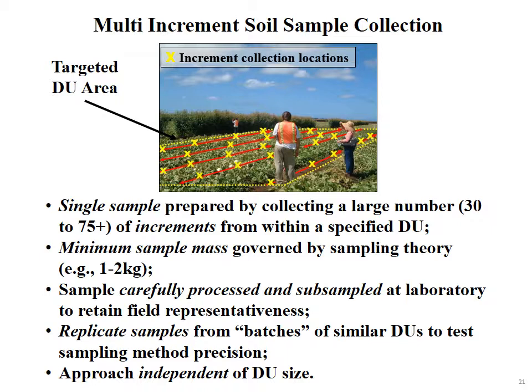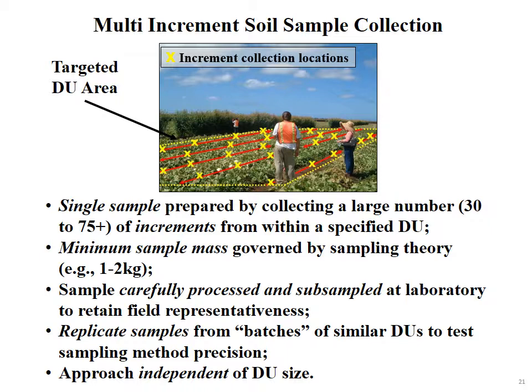Another key part of the DU-MIS is that the samples are much different than the discrete samples, and they're very large. We're collecting these 30 to 50 increments. We're usually collecting 20 to 50 grams at each increment, so we're ending up with 1 to 2 kilogram samples.